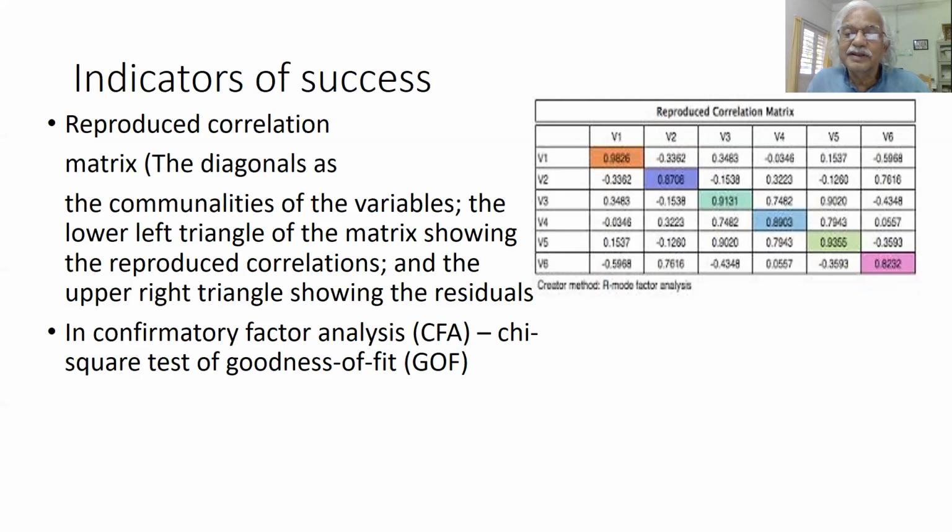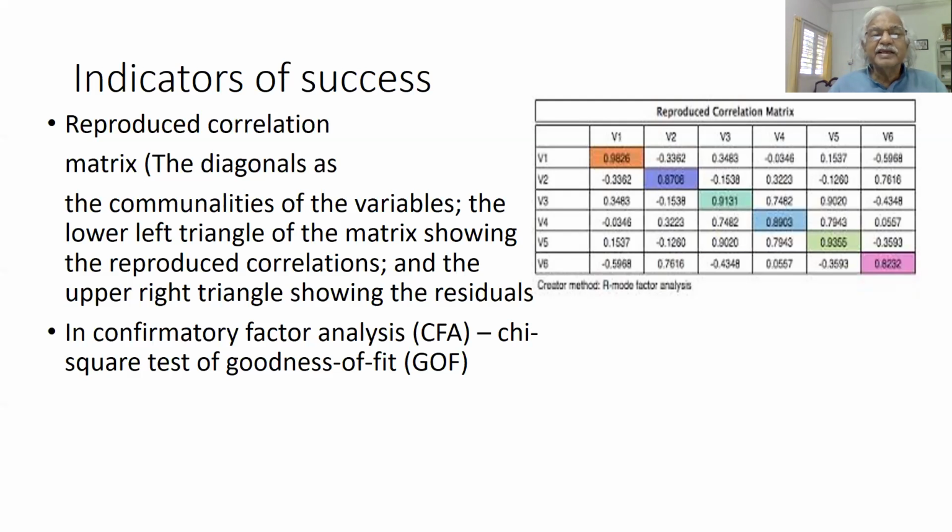Similarly, variable 6, communality is 0.82. So that means only 82% variation in variable 6 is explained by the model. So this is how these diagonal terms are explained.